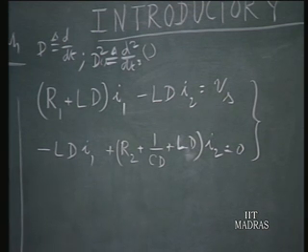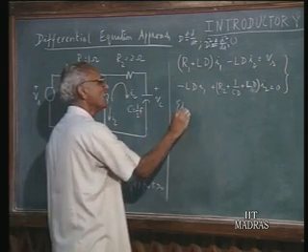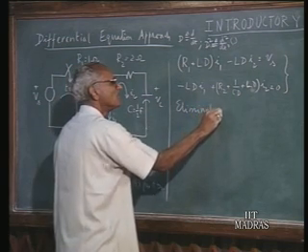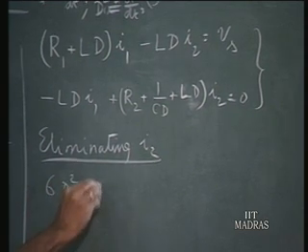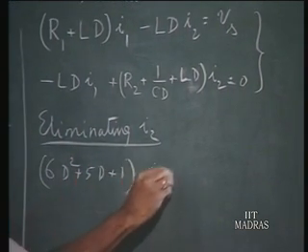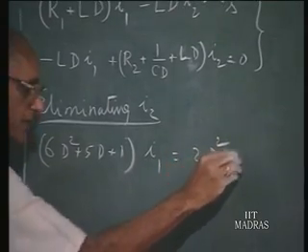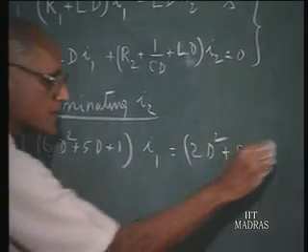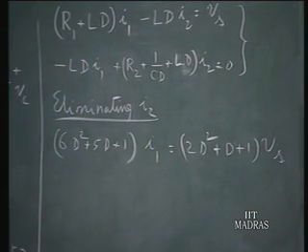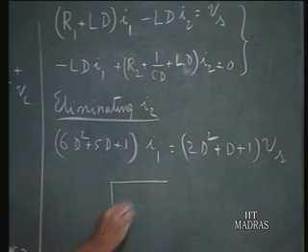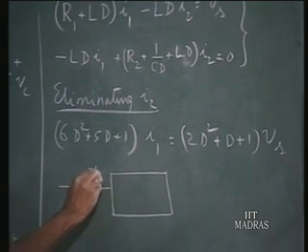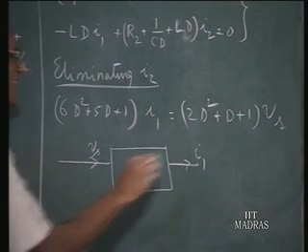Substituting numerical values for this particular circuit, we have 6D squared plus 5D plus 1 operating on I1 equals 2D squared plus D plus 1 operating on Vs. This is the final differential equation connecting the source voltage and the response quantity I1 that you are interested in. In system representation, we can put this as an input quantity Vs and the desired output I1, represented in this fashion.